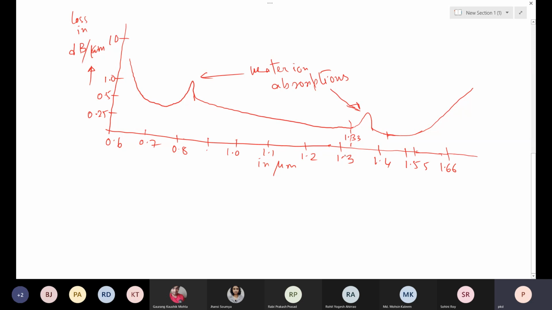Now, as you can see that this 1.33, 830 and 1.55, around this region also we have abundance of III-V group semiconductor sources and detectors.